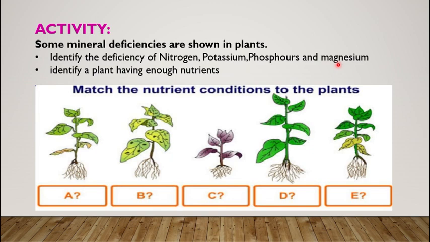First of all, you have to observe them well. Like A, B, C, D, E are marked. You have to write your observation on your practice copy, such as poor leaves, yellow leaves, whatever you notice. And then you have to match the nutrient that is missing in this plant. And there is a plant that may have enough nutrients. You have to identify that plant too.